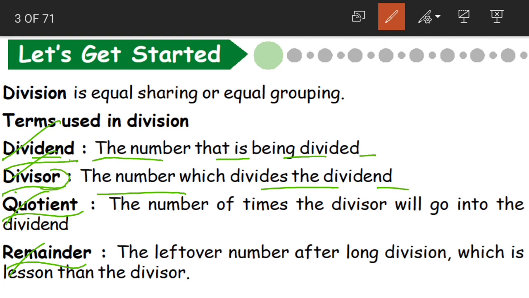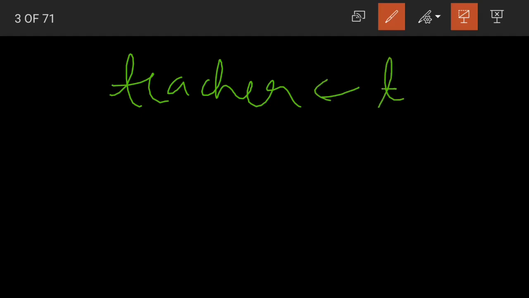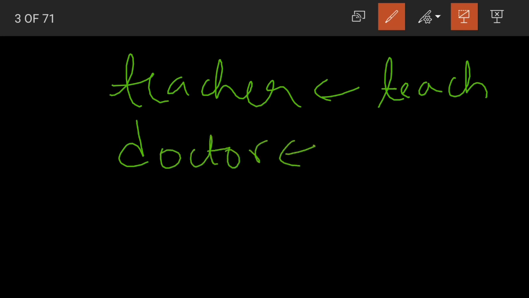See, whenever we have "or" or "r" at the end of a word, say teacher. When we say teacher, what do we mean? A person who teaches. And when we say doctor, a doctor is someone who treats sick people. Yes, when we say teacher, doctor, there is "or" in these words.